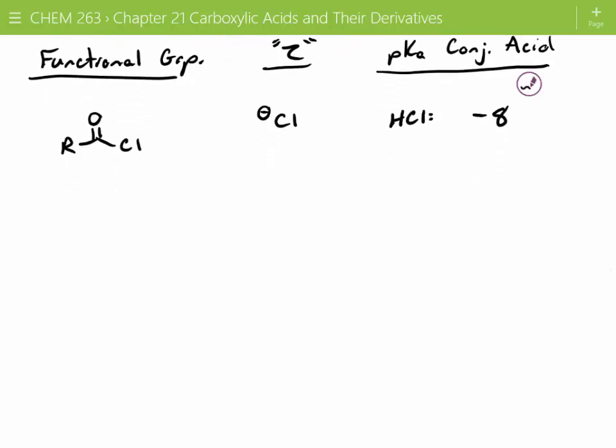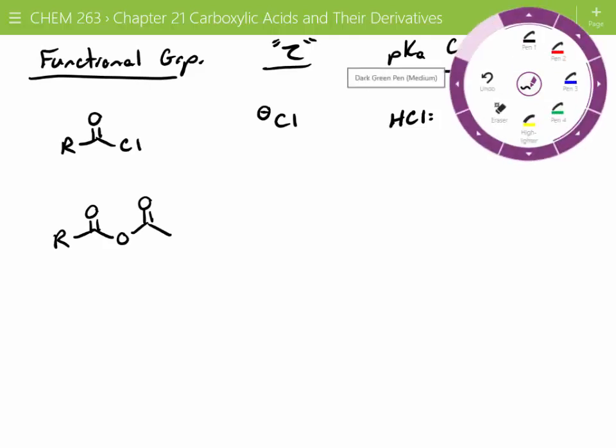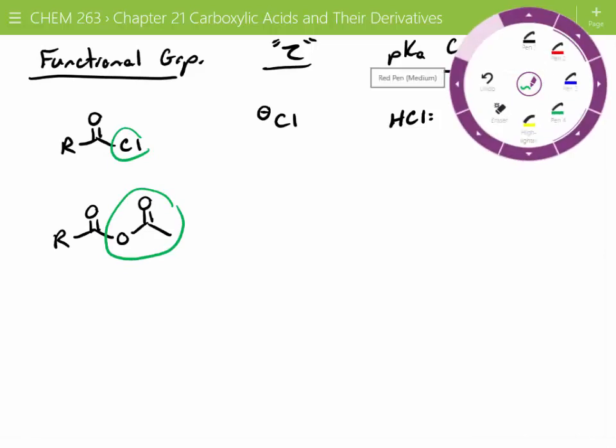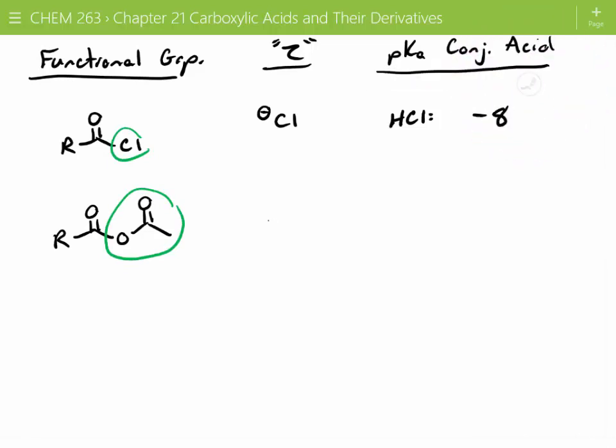If we compare this to anhydrides, so we popped off this chloride, now we're popping off this whole anhydride group. That means that our Z group is going to be the acetate anion.